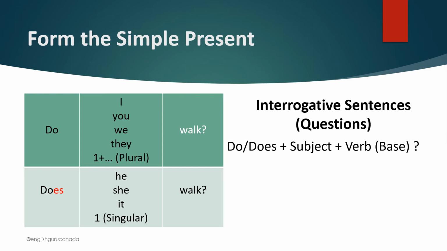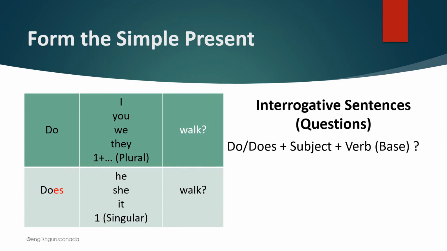So if you look at the three columns here, just like in the negative sentences, the base verb does not take an S or ES. It stays as such. And the question starts with either a do or a does. And do will go with I, you, and the plural. And does will go with he, she, it, singular.